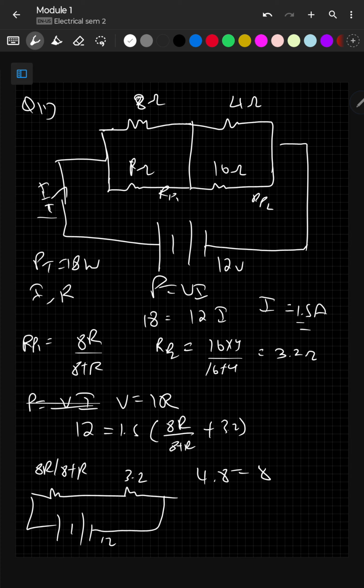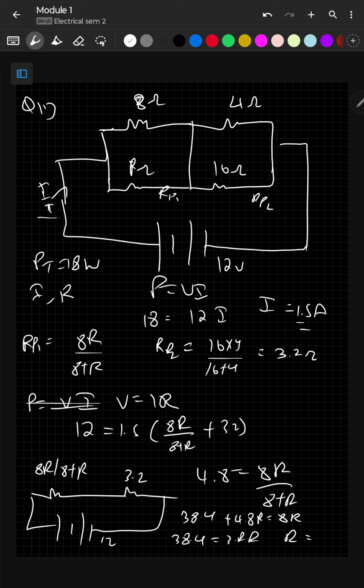4.8 equals 8R by 8 plus R. 4.8 into 8, 38.4, plus 4.8R equals 8R. 8 minus 4.8, 3.2. So 38.4 equals 3.2R.